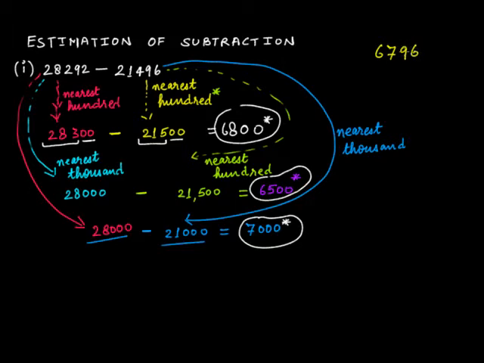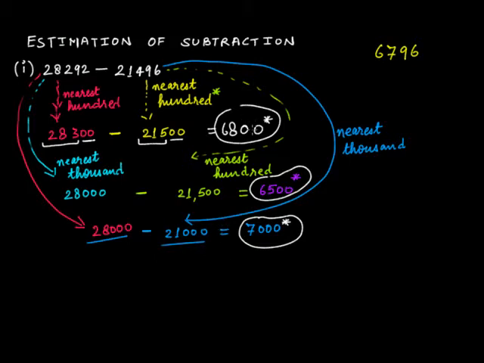And if you remember, we discussed that you'll get the best reasonable estimation if you round off the numbers in a way that they have minimal deviation or minimal variation in their original value, right?